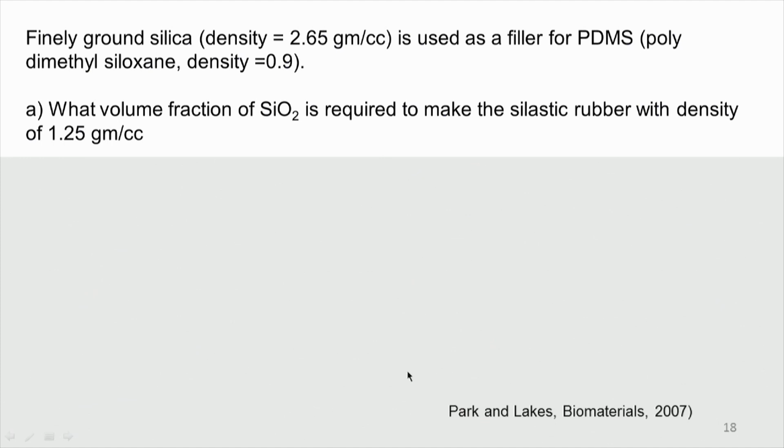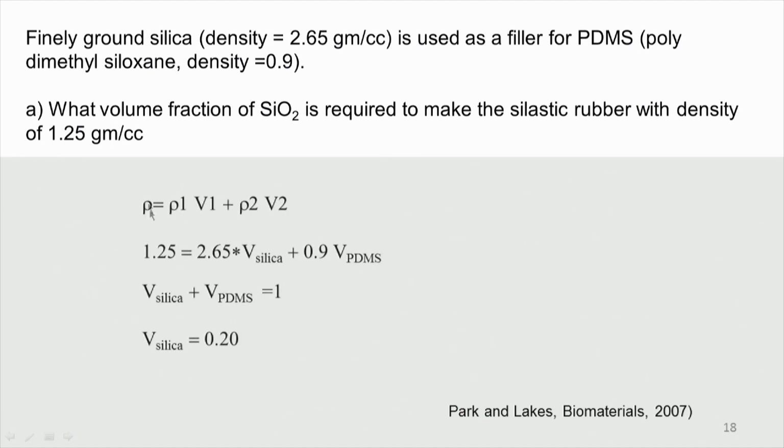Okay. So, what do we do? It is called a mixture rule, that is the density of the composite, density of component 1, the volume fraction of component 1, density of component 2, volume fraction. So, I want to achieve 1.25, silica is 2.65, siloxane is 0.9. Okay. So, what should be the volume fraction of silica?